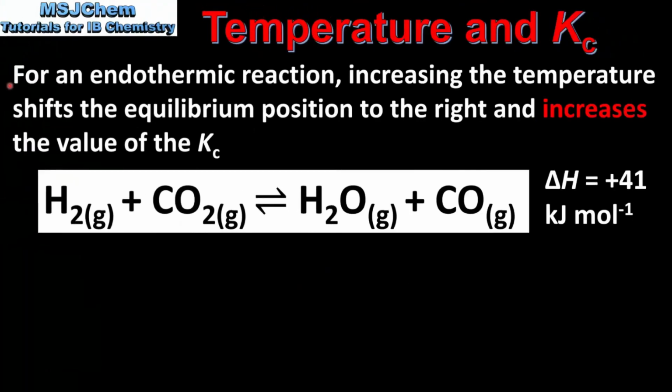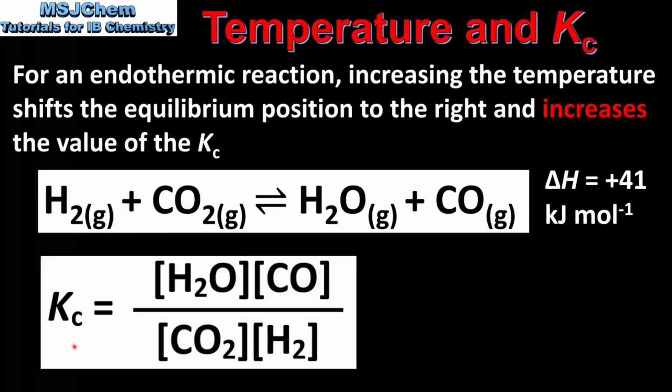For an endothermic reaction, increasing the temperature shifts the equilibrium position to the right and increases the value of the Kc. Here we have the reaction between hydrogen and carbon dioxide to produce water vapor and carbon monoxide. As we can see from the sign of the enthalpy change, the forward reaction is endothermic.